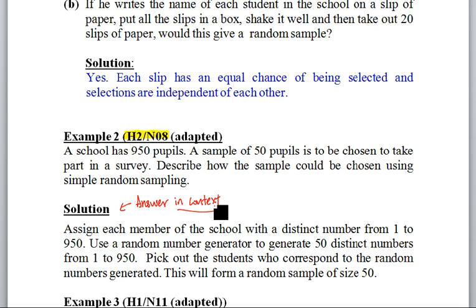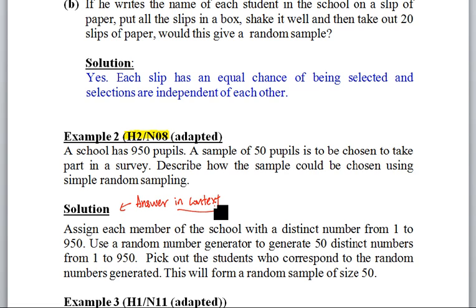Just like a lot of qualitative questions we see in stats, you have to answer in context. They give you a number, you put in the number; they give you a school, you must describe it as a school with pupils, don't just memorize and throw it back.